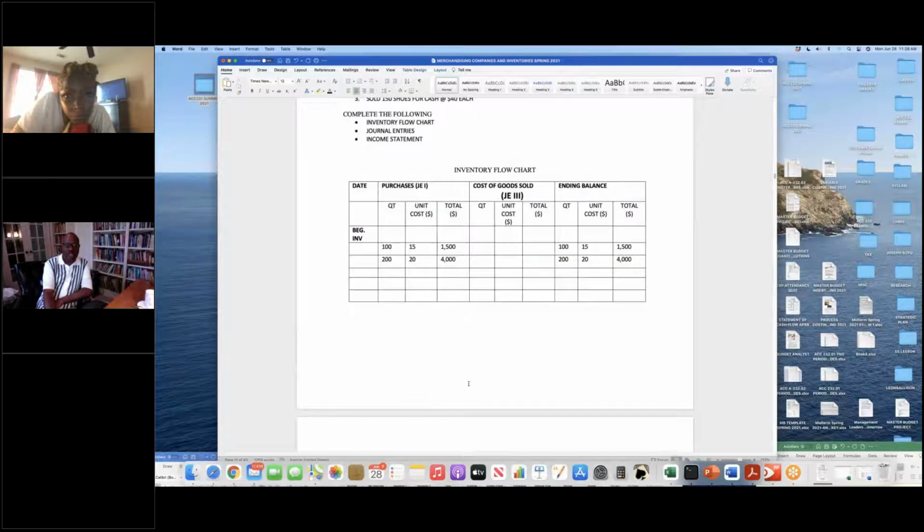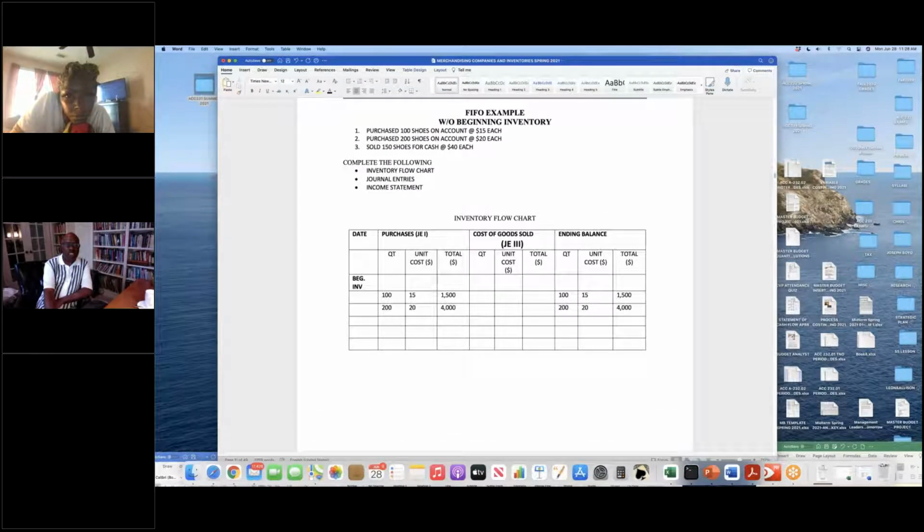So let's see how we'll utilize the chart to do that. This is what we have, and we know the quantity sold was 150. That means we sold all of these 100. So we're going to come into the cost of goods sold column and bring the 100 here, at 15.